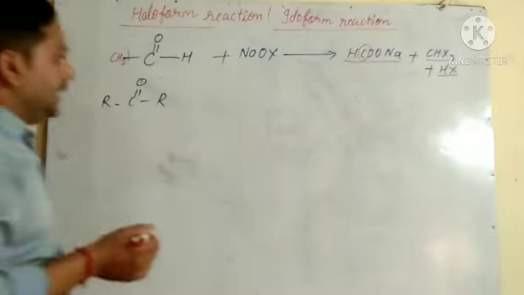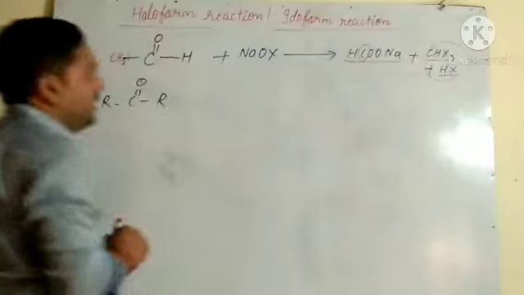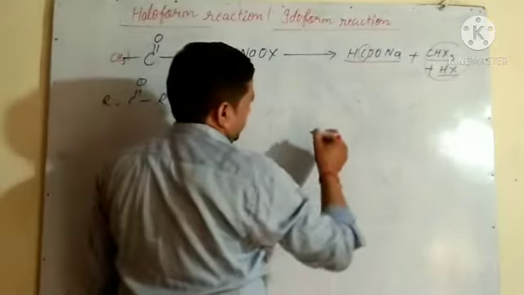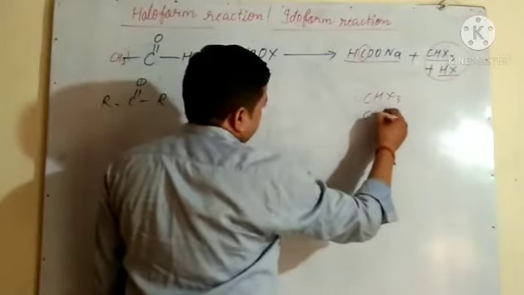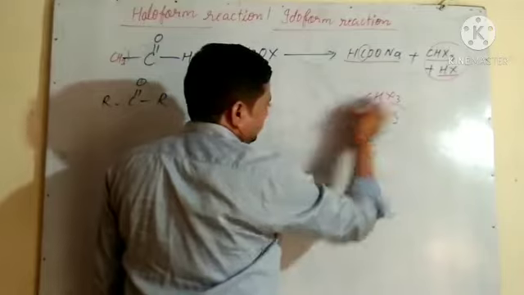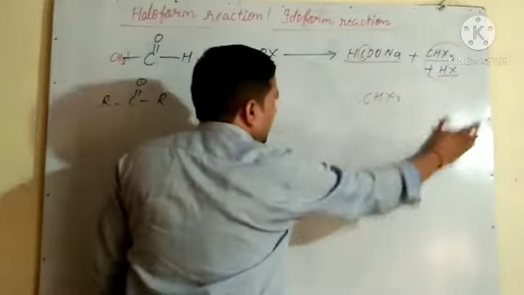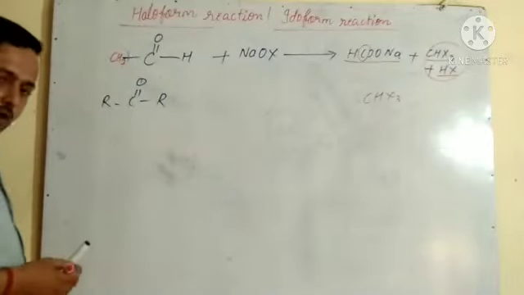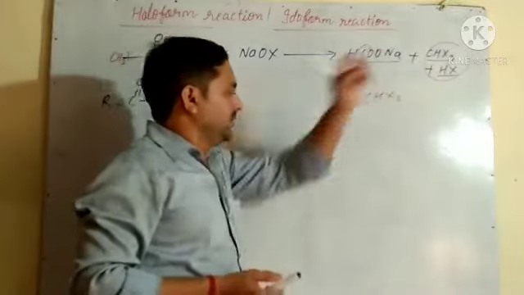Okay, and this is called haloform reaction due to the formation of CHX3, and if X is chlorine, this is chloroform, so that is called haloform. So this method is also used for preparation of chloroform. That is haloform reaction.